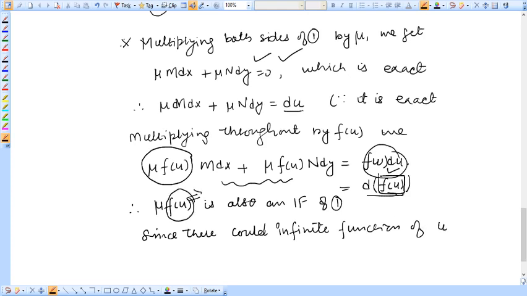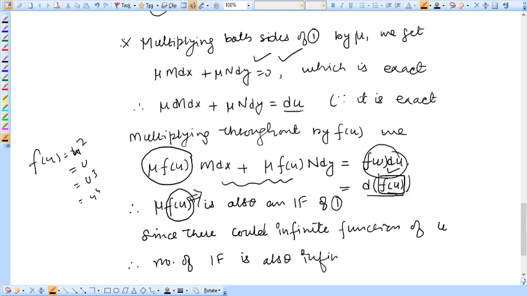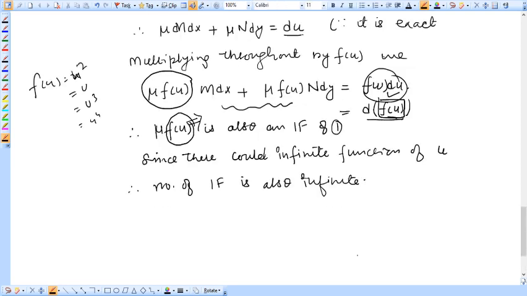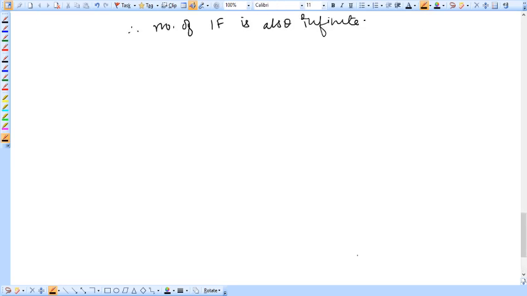And functions of u could be infinite, like it could be u square, u cube, u4, u5. So there exist infinite functions of u, and therefore the number of integrating factors is also infinite. Okay, so done with the theorem. Let us do some problems on integrating factor.